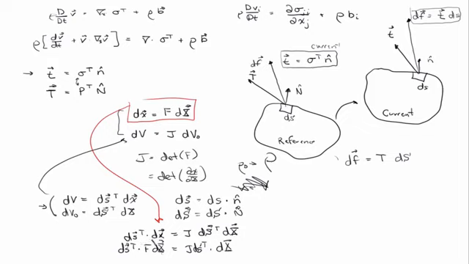So then the dX's I can cancel on each side of the equation, and I'm going to write the next step here.